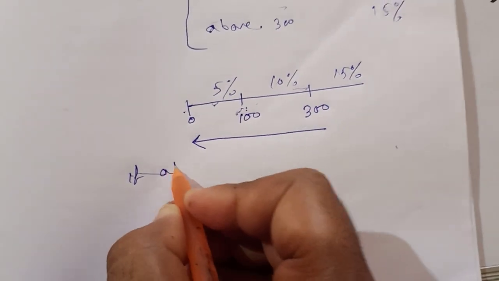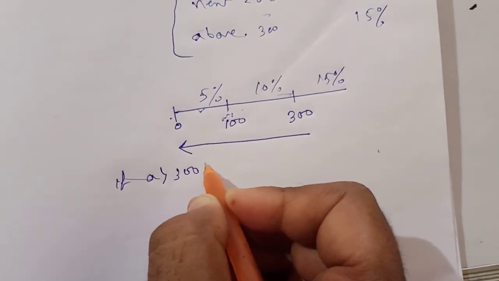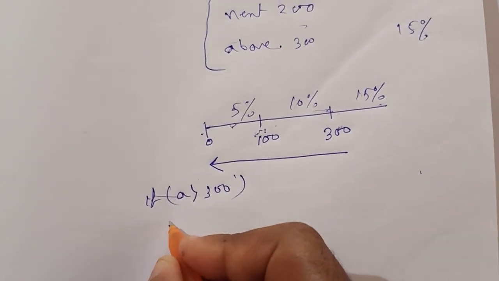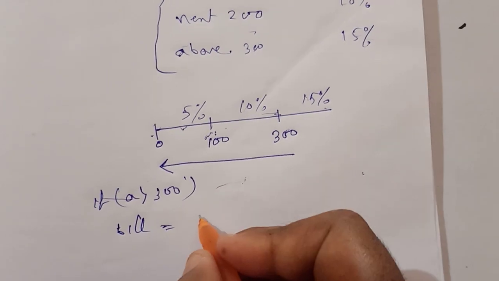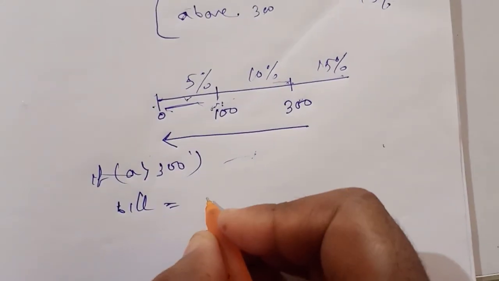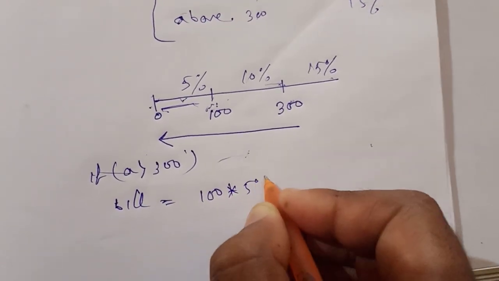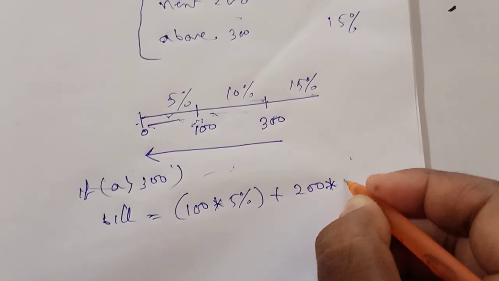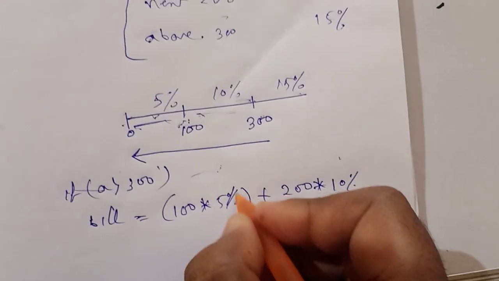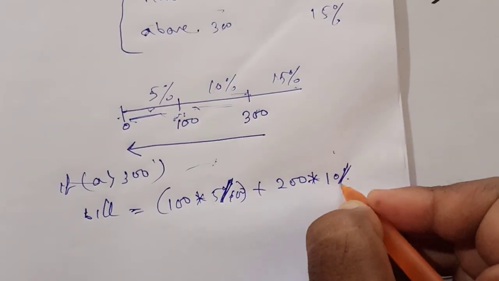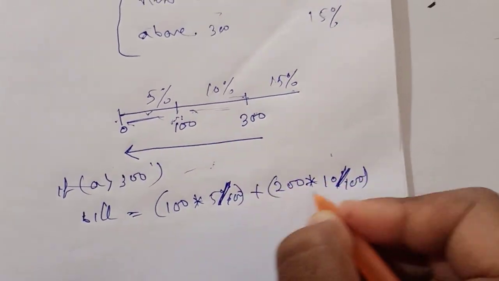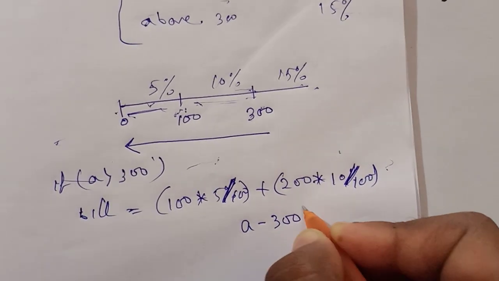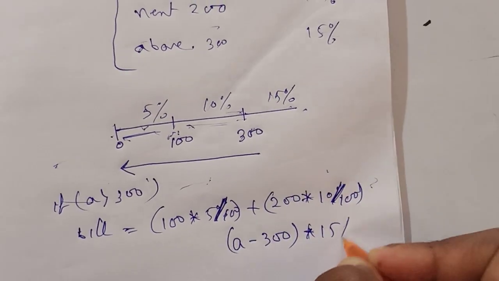So if a greater than 300, means above 300, in this case, suppose I'm giving bill is equal to, according to a, first 100, so 100 into 5 by 100, plus this 200, so 200 into 10 by 100, and after this, 300 is already over, so a minus 300 into 15 by 100.